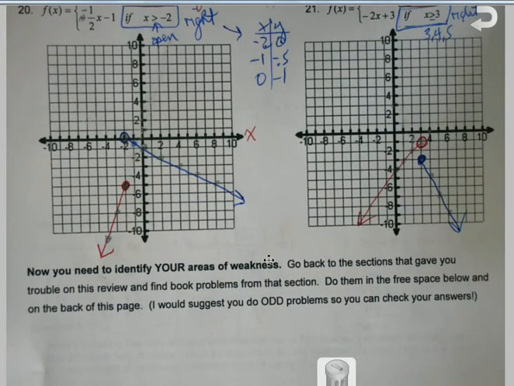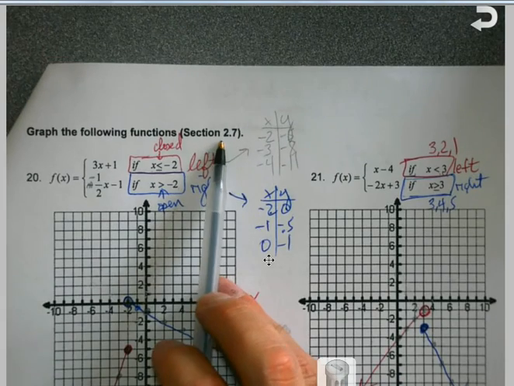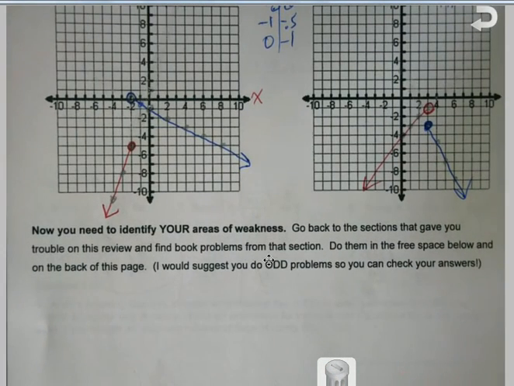Once you've gone through this, even after today, maybe it's just a couple of things and going through a couple of them fixed you on it. That's great if it did. But if you're still having issues, okay, this is good advice. Because most of the problems I give you are evens. So if you're still having trouble with something, because you'll notice each of the sections tell you what section they're in, go back, do some of the odds, because then the answers are in the back of the book, and you can make sure you're doing them right.